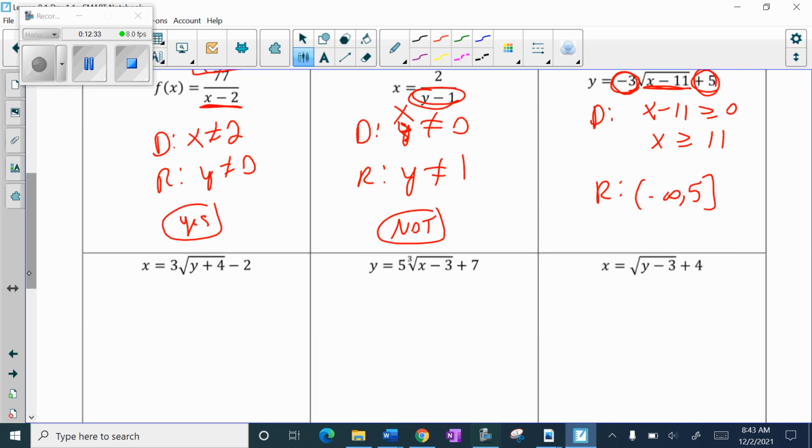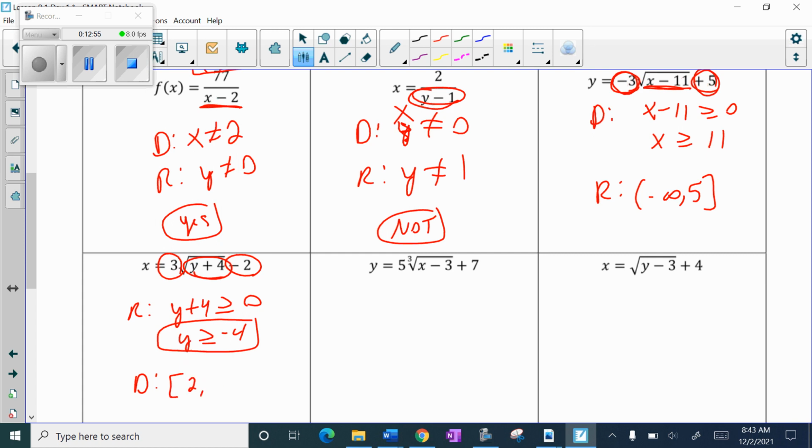And so when we flip the x and y, just think about flipping that thought process. So this now is going to be our range. So I'm going to say y plus 4 has to be greater than or equal to 0. So y has to be greater than or equal to -4. That's our range. And our domain now is going to be -2 to positive infinity.